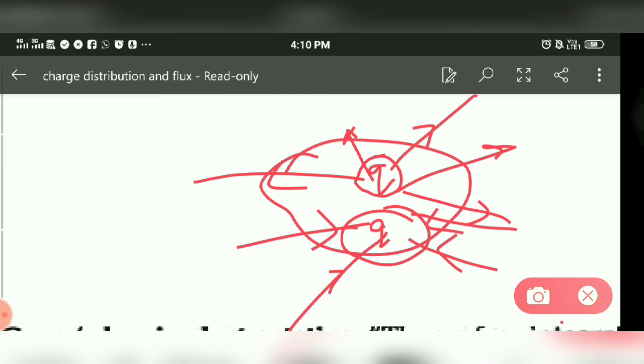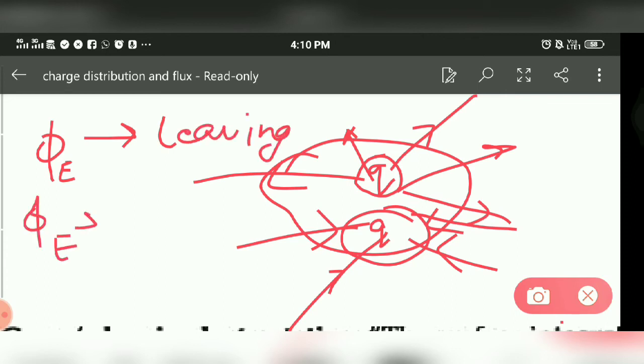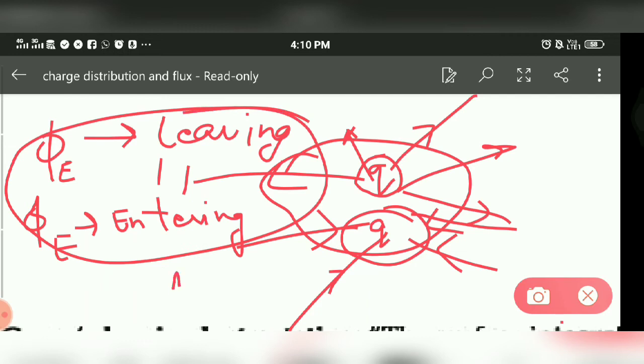It means the total flux leaving the surface and the total flux entering the surface are equal. So phi exit equals phi in, and the net flux through the system comes out to be 0.